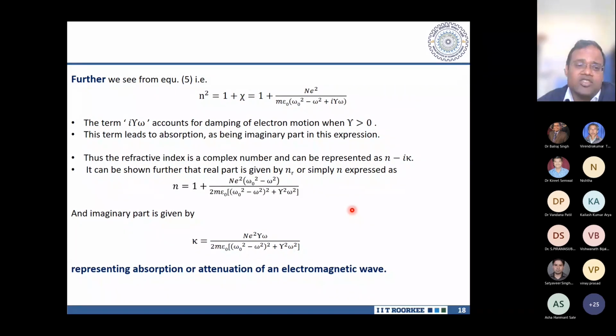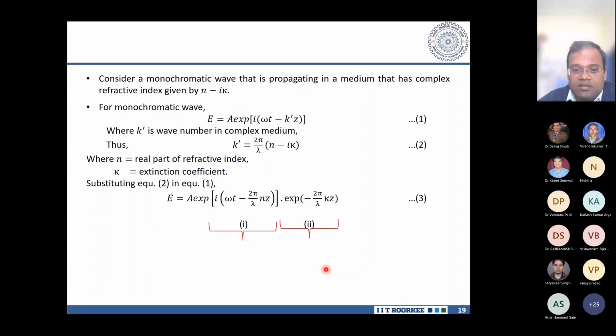The imaginary part is called the extinction coefficient, and it can be given like this, which is again dependent upon the number of atoms and gamma, and also the resonance frequency, etc. You can associate this practically with the wavelength also. That is what we are going to do.